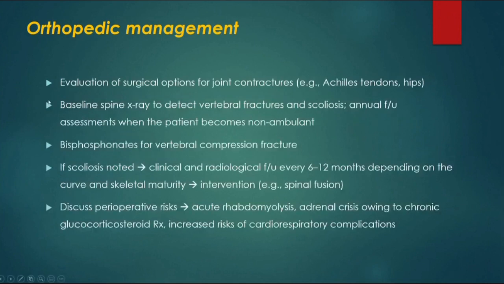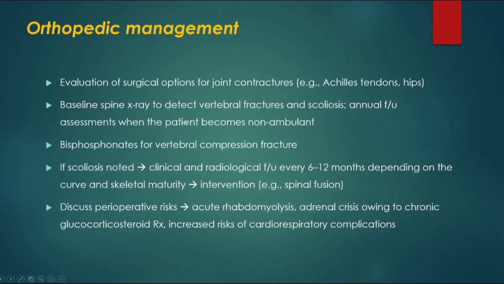Evaluation of surgical options for joint contractures should be discussed, and a baseline spine X-ray should be done to detect vertebral fractures and scoliosis. Annual follow-up assessment is used. Once they are non-ambulant, you can do it either annually or every 6 to 12 months based on how severe the disease is.